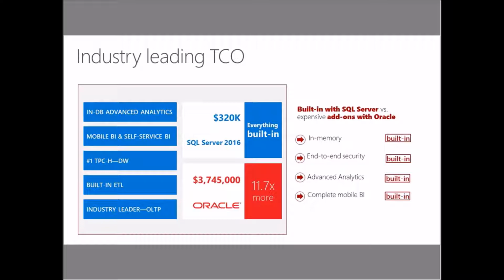Built-in extract, transform, and load abilities with SSIS, Integration Services. Online transaction processing, of course, with in-memory tables, column store indexes, natively compiled stored procedures, that sort of thing. These are all things you would have to purchase separately, as other features or packages to make work on other systems such as Oracle over here, each one having its own cost. SQL Server 2016 has all of that bundled in some capacity in Standard and in full capacity in the Enterprise Edition of SQL Server.